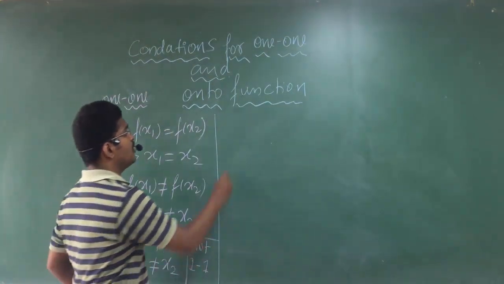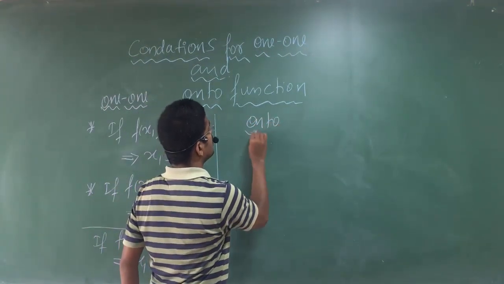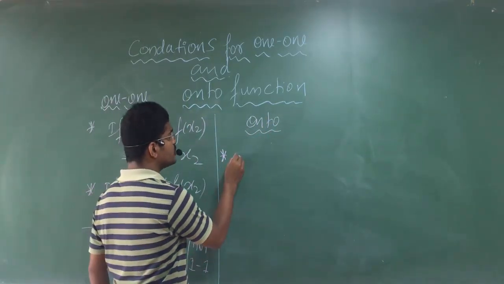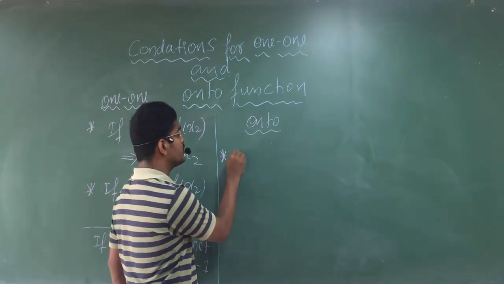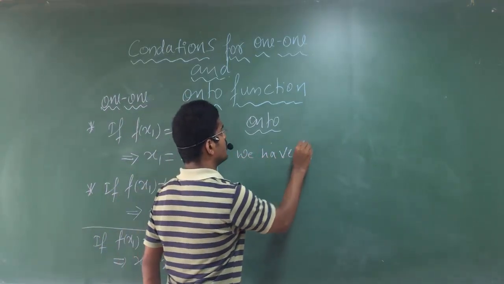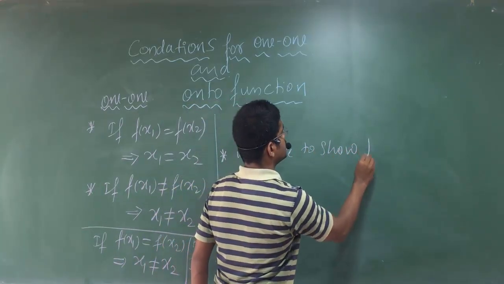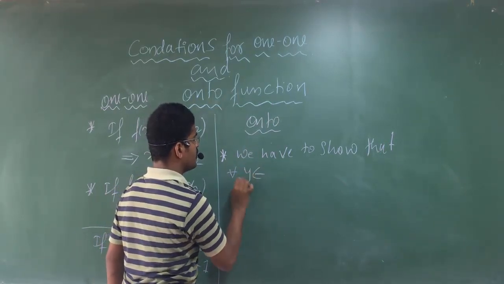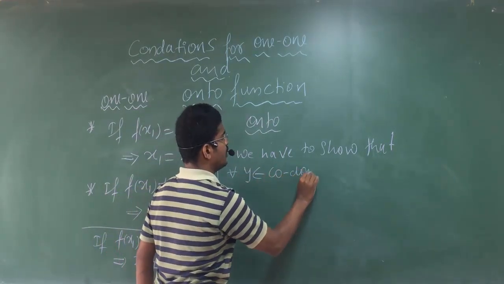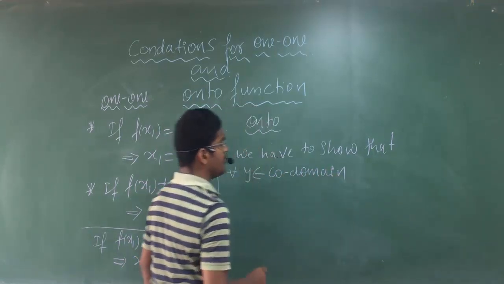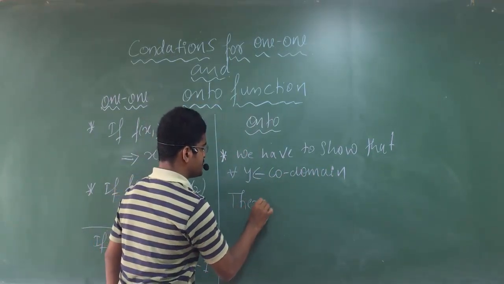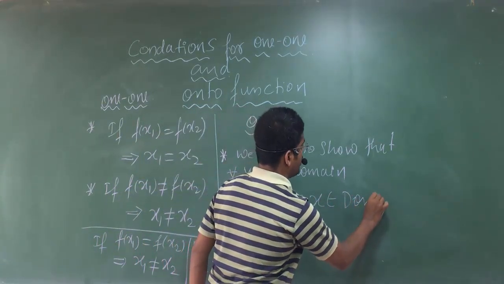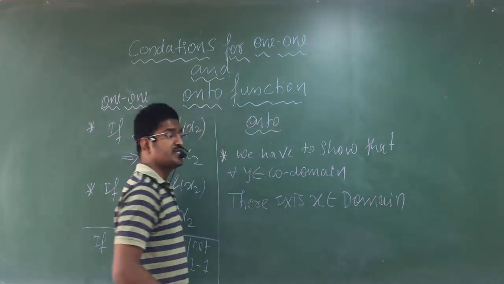Okay. Now let us go for the onto function. First thing, we have to show that for every y belongs to codomain, there exists x belongs to domain.